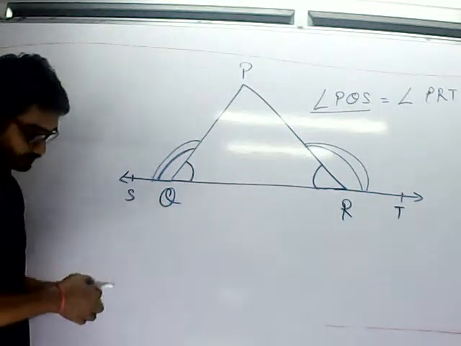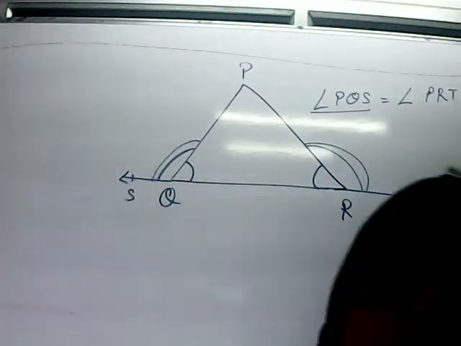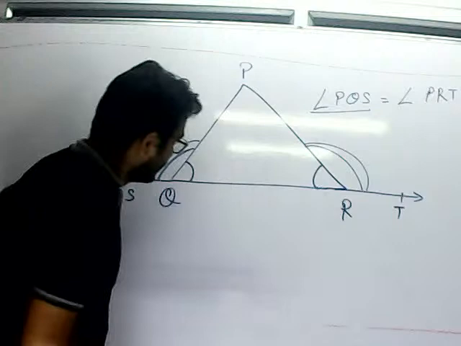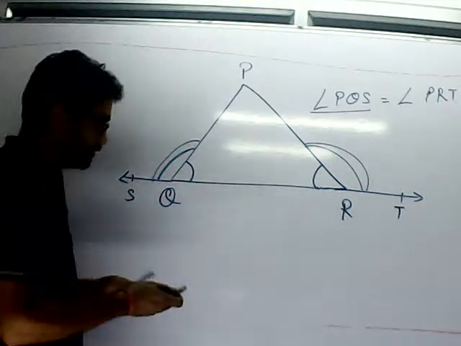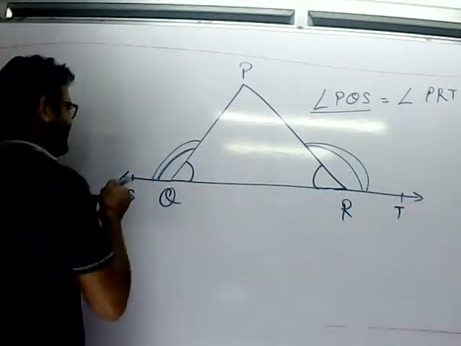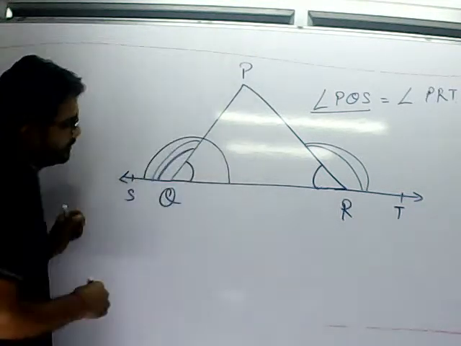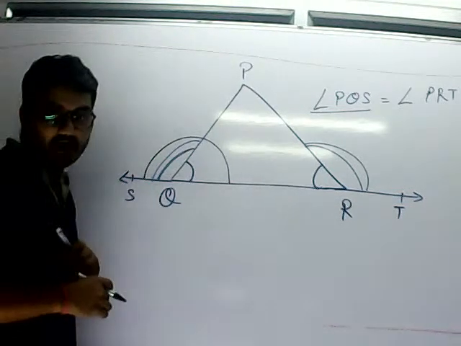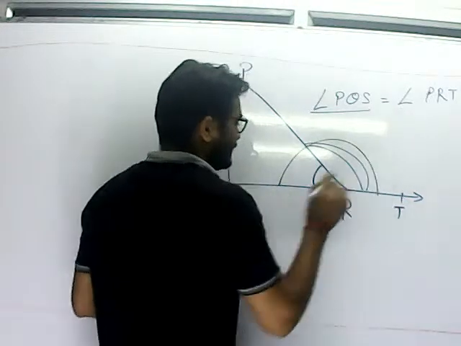First of all, let me take another color marker. If we talk about this angle, how much is it? That is 180 degrees, and similarly this is also 180 degrees.